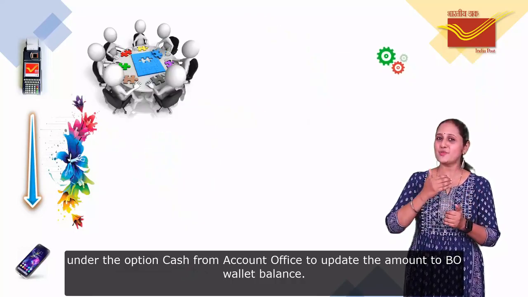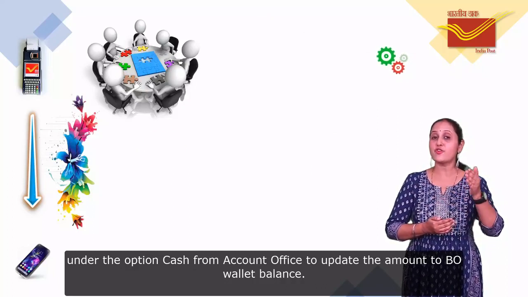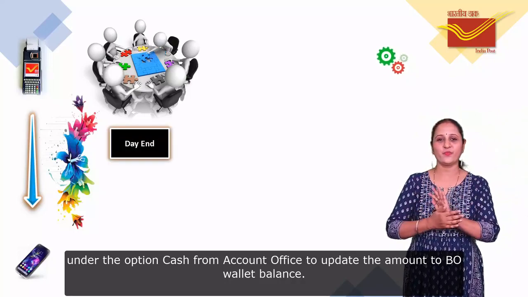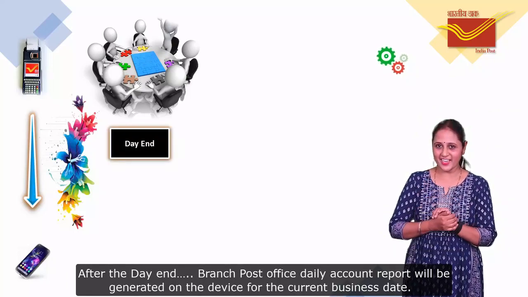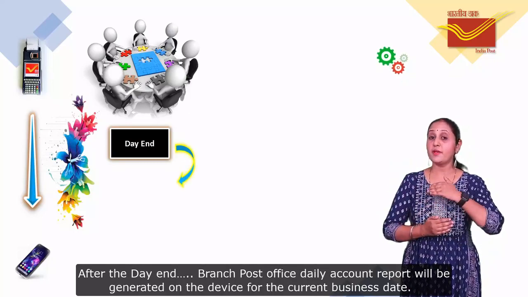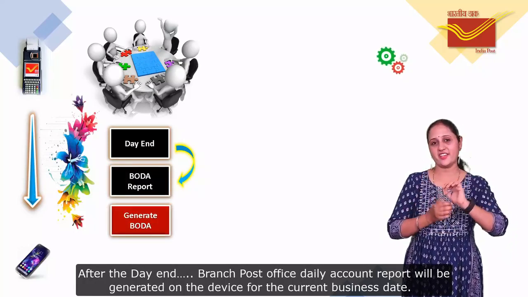Friends, now let us move on to the next option, to generate the branch office daily account, which is nothing but Boda. After the day end, the branch post office daily account report will be generated on the device for the current business day.